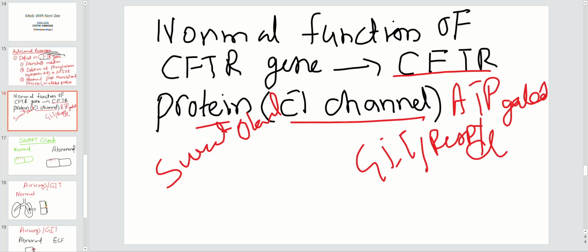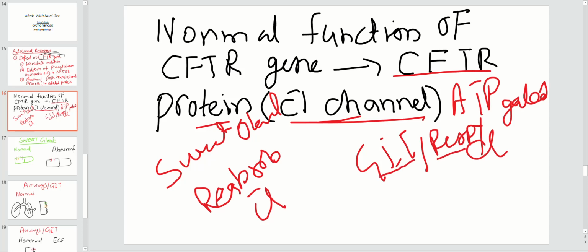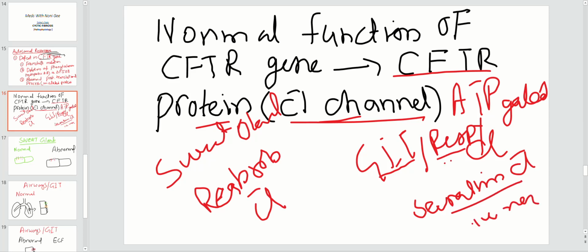They cause reabsorption of chloride through this ATP-gated channel. In the GIT, respiration, pancreas, and elsewhere, it causes secretion of chloride into the lumen. I will go into detail on this.